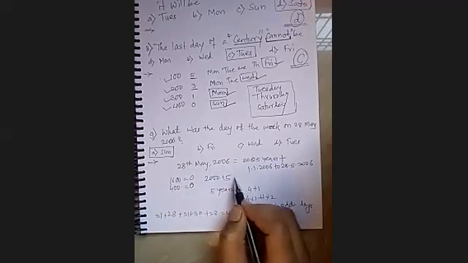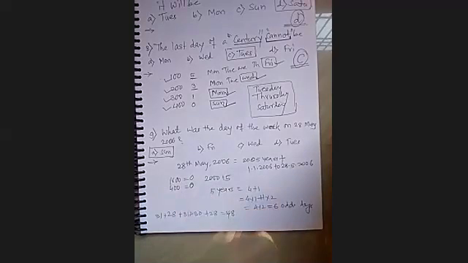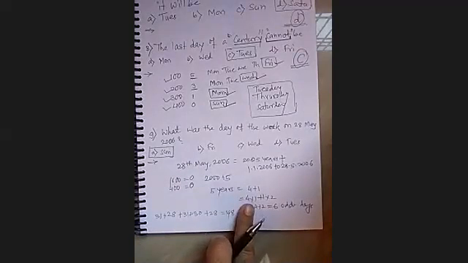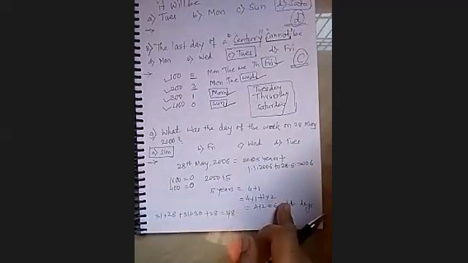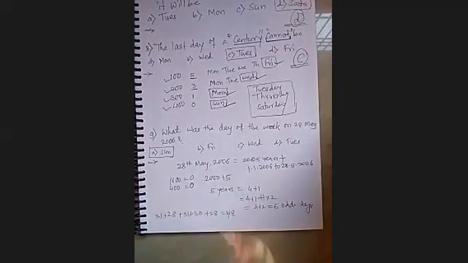Now 2000 plus 5 years, we'll have 1 leap year and 4 ordinary years. 1 leap year has 2 odd days, and 4 ordinary years will have 4 odd days. So 4 plus 2 becomes 6, total 6 odd days.